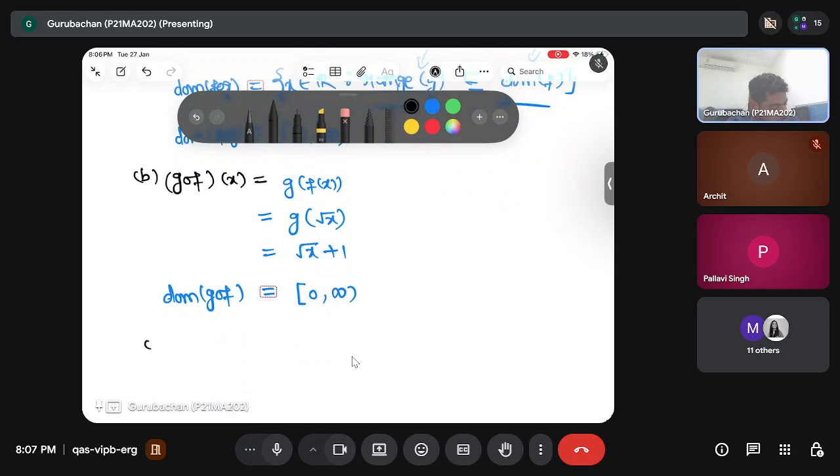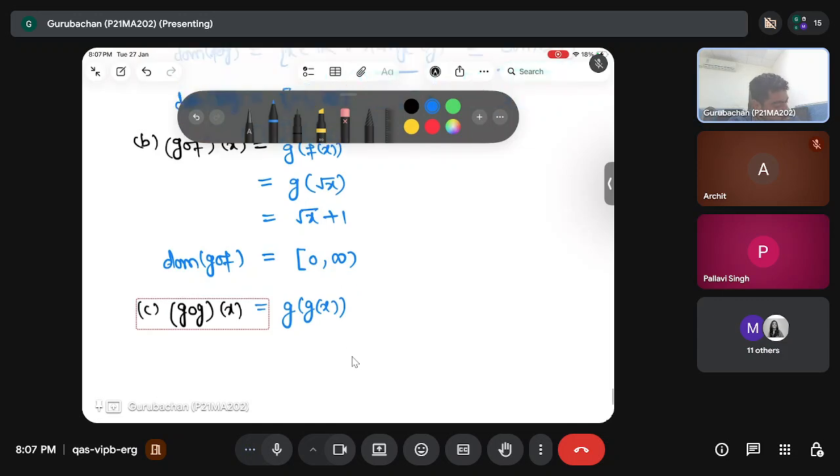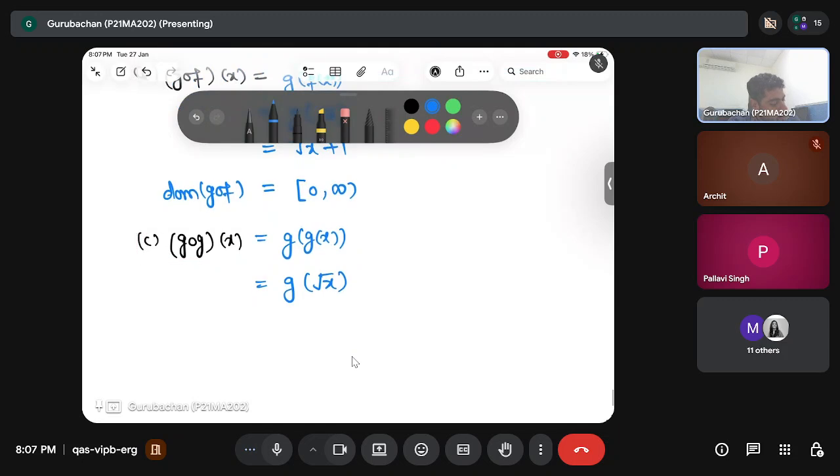Now the third one, g composition g. g of g(x), that means g of under root x. Again, under root of under root x, that means x to the power 1 by 4.